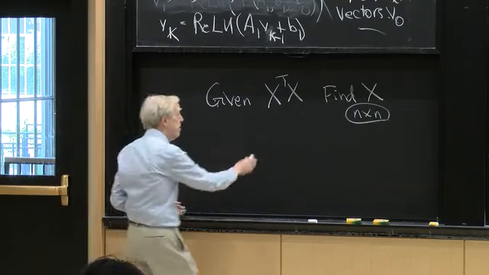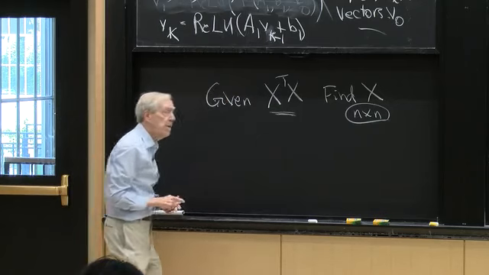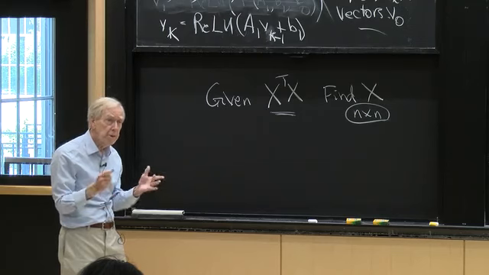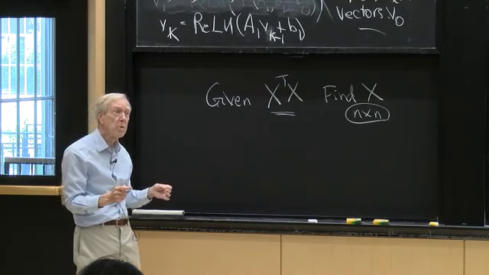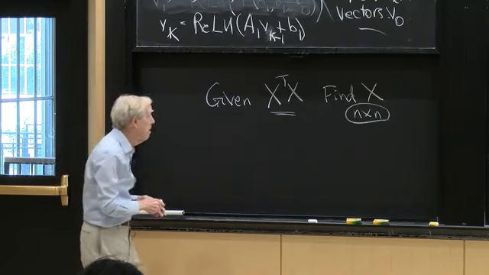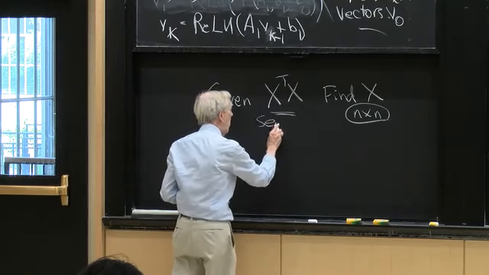What do we know about this matrix, x transpose x? Symmetric, clearly. And what we especially know is that it's also positive semi-definite.